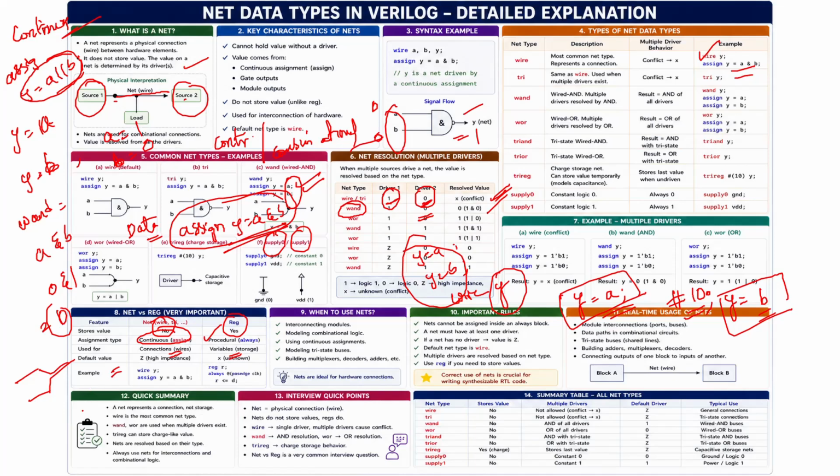Otherwise for reg, if you are not connecting any value, you will get an unknown value like x. So these are the default values when you are not assigning any value.